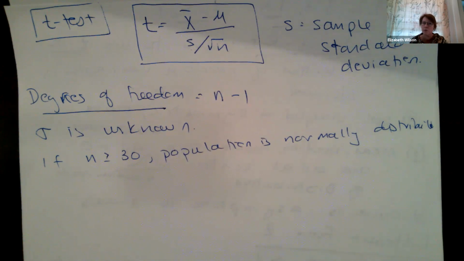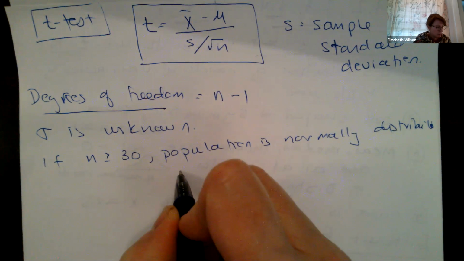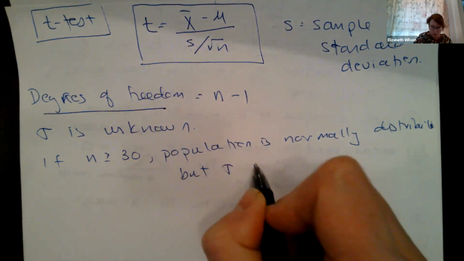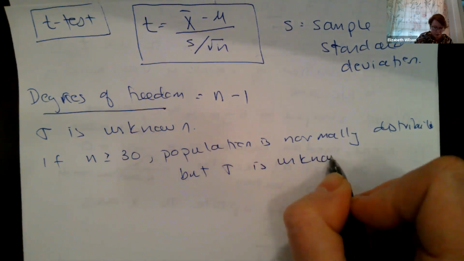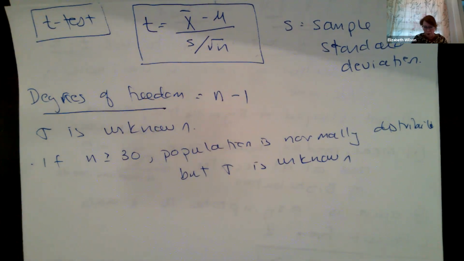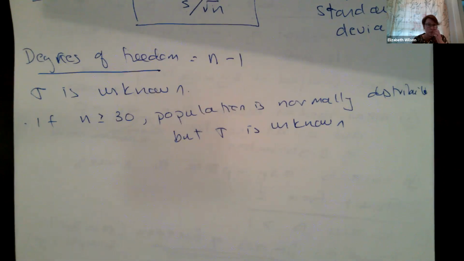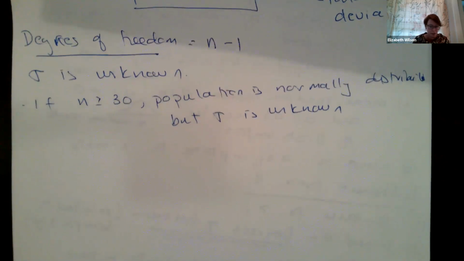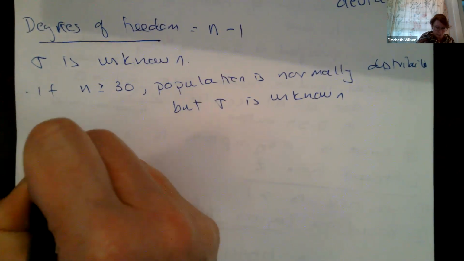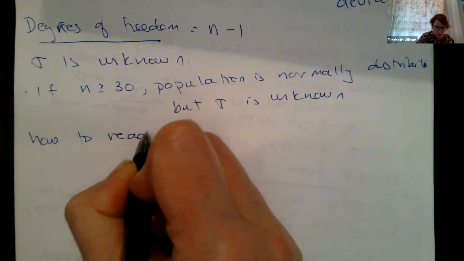Well, but the z-table is for when I know what the population variance is, but sigma is unknown. This is the most likely case, right? We don't know what the population standard deviation is, so I have to use my t-table. Okay, so let's talk about how we're actually going to read our t-tables, because it's different than our z-table.